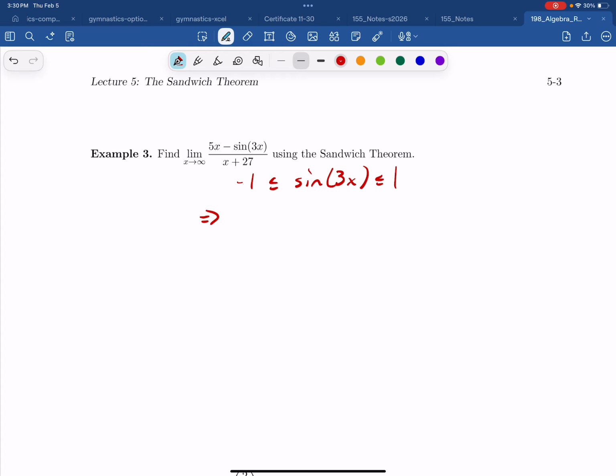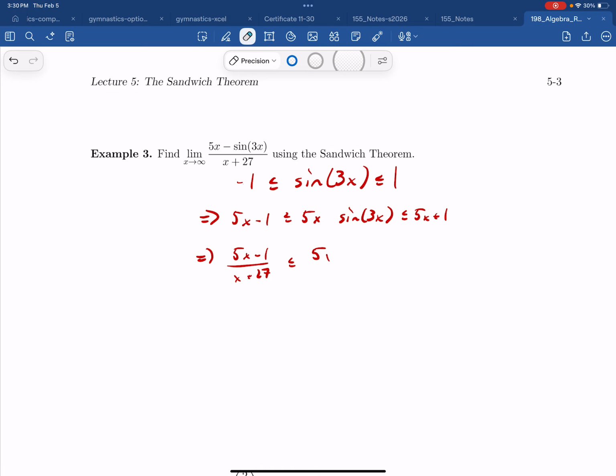We're just going to add 5x to all 3 sides. And then at that point, we're going to divide by x plus 27. Oh, sorry, that should actually be a minus.